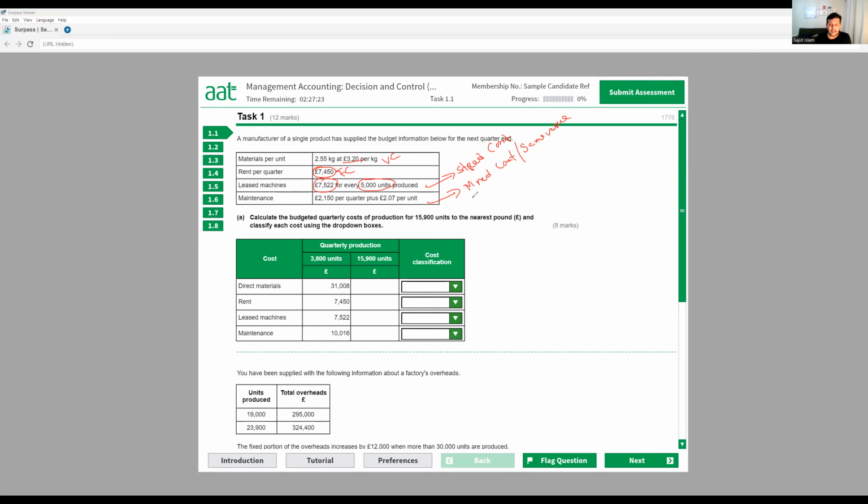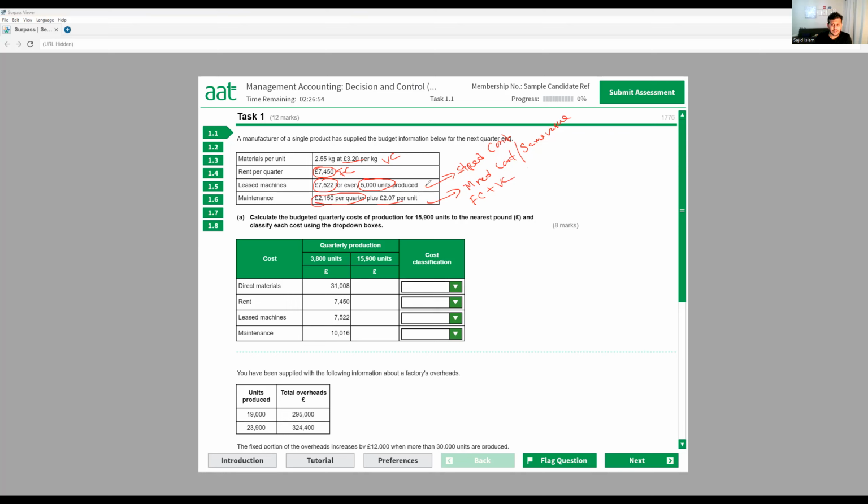That means here I have a fixed cost plus a variable cost. For 1 quarter, this amount is fixed, 2,150, and plus for making 1 unit, the cost is 2.07, so for every unit it is 2.07 plus the fixed 2,150. So it is a mixed cost or semi-variable cost. So this is the story of our costs.